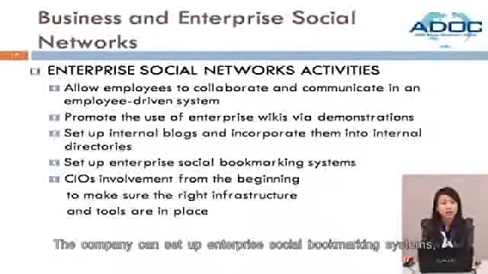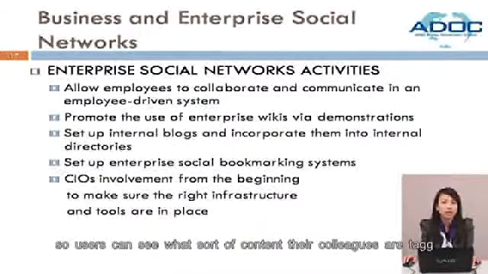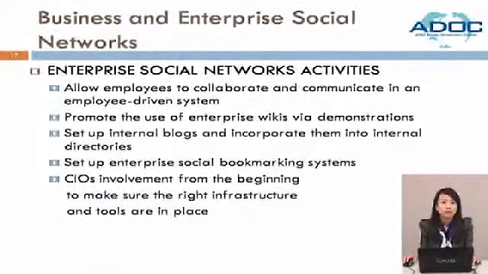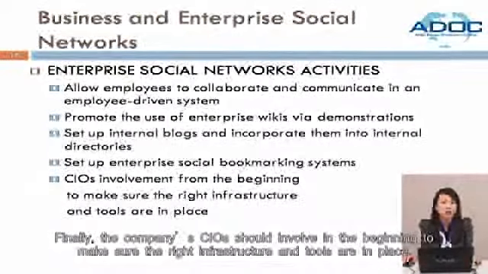The company can set up enterprise social bookmarking systems, so users can see what sort of content their colleagues are tagging. Finally, the company's CIOs should be involved in the beginning to make sure the right infrastructure and tools are in place.